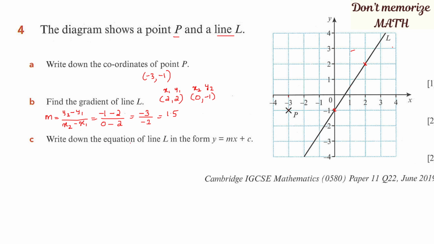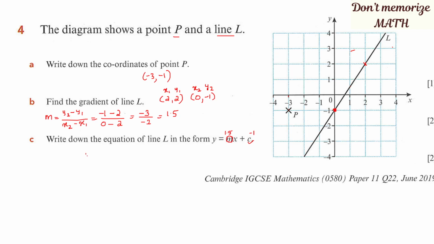Write down the equation of the line in the form y is equal to mx plus c. So m we already got. M is the gradient. M is 1.5. What is c? C means the y-intercept. The y-intercept is the meeting point of the line and the y-axis. What is that point? That is -1. So c will be -1.